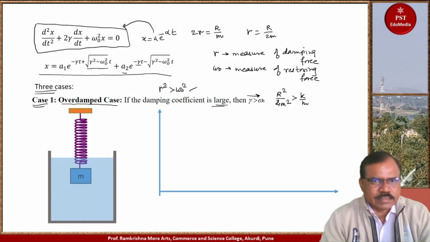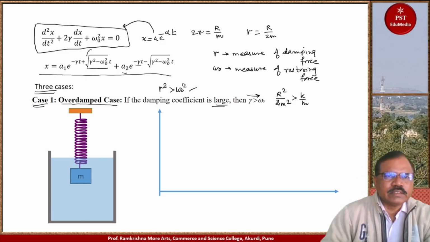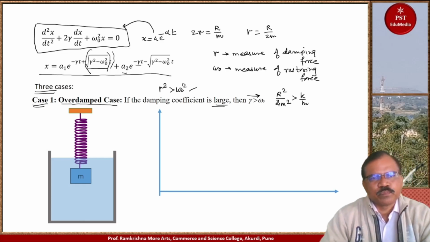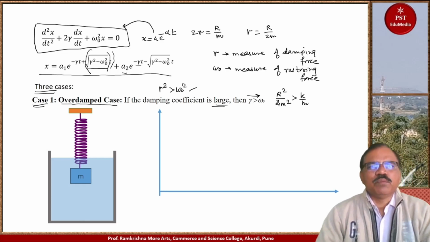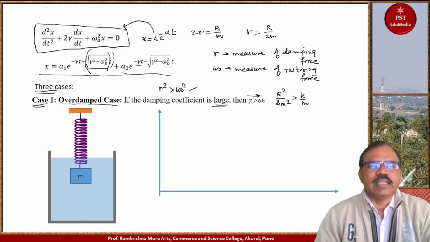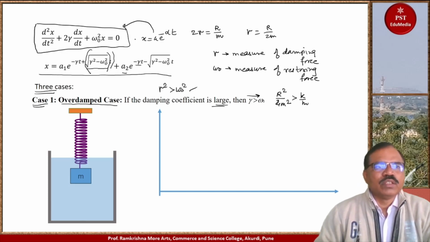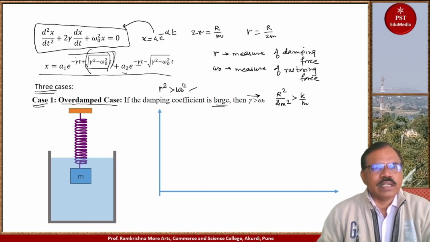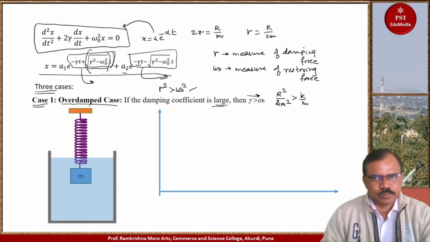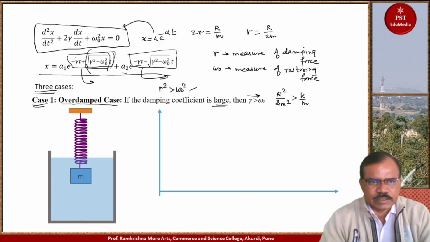So what happens in this case? This square root is a positive term because gamma is greater than omega 0. So minus gamma t plus this term is negative. The total is negative, so we will observe that this decreases exponentially.